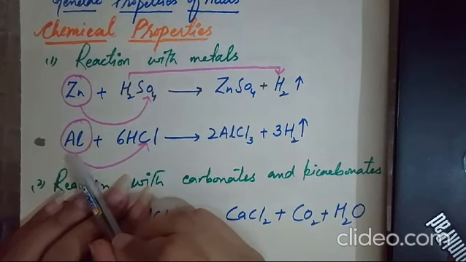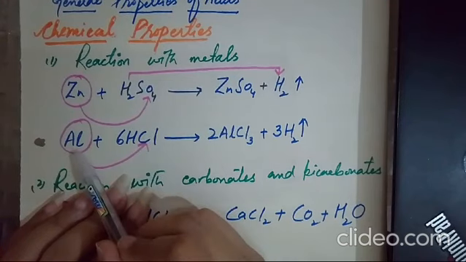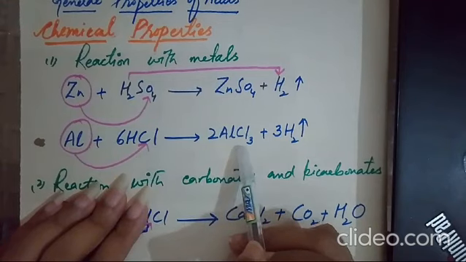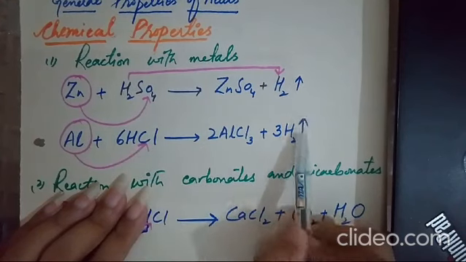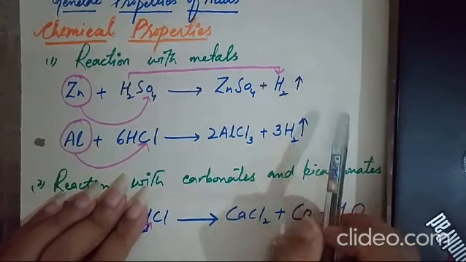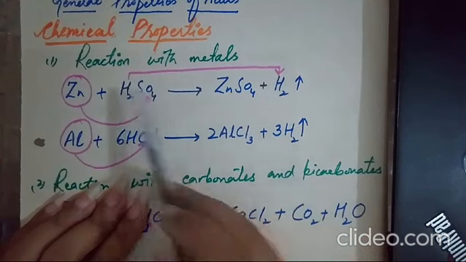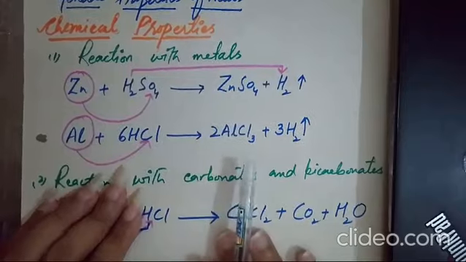Aluminium reacts with HCl in a way that Al goes towards the Cl and forms AlCl3, aluminum chloride, and the H2 is released in the form of gas. The arrow shows the liberation of the element in the form of gas, hydrogen gas. In this way, metals react with acids.